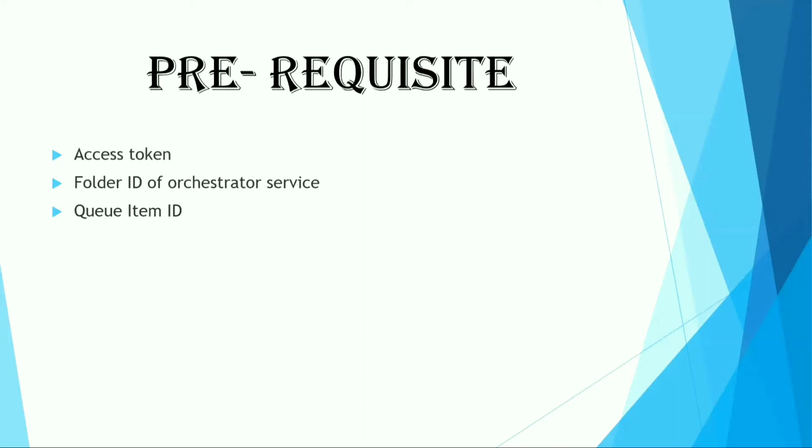For the queue item ID, you have to watch part 8 of the series, where I showed how to call the API to get the queue item data, and inside the response we can find the queue item ID. But in this video, I will quickly walk you through how we can get the access token, folder ID, and queue item ID.